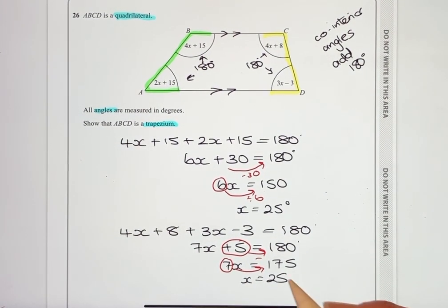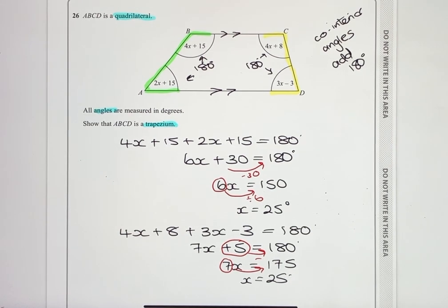Now, because both of the values are equal to 25, that tells us that it's a trapezium, because both the x values are equal to each other and they both make up the 180 degrees for the interior angles for those two sides of the trapezium. Therefore, it's a trapezium. So they're the kinds of things that the examiner is looking for in this question.